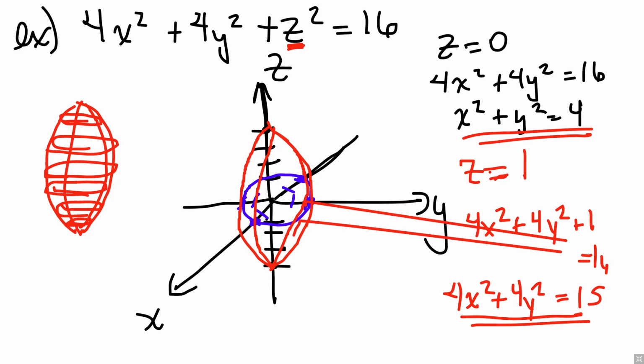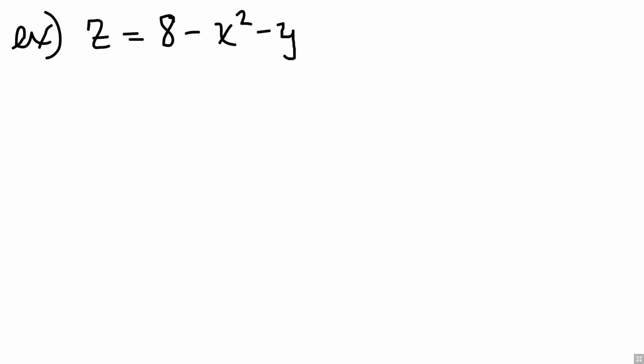All right, let's look at the next example. We have that z is equal to 8 minus x squared minus y squared.